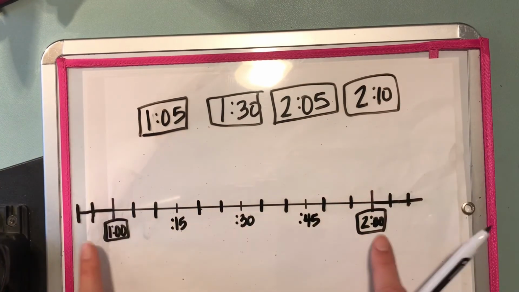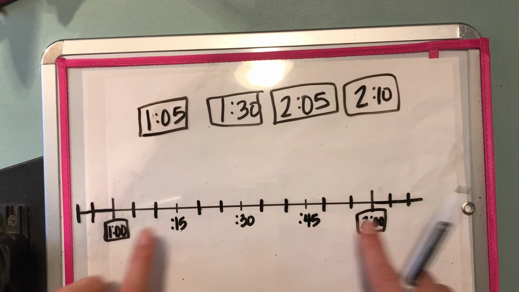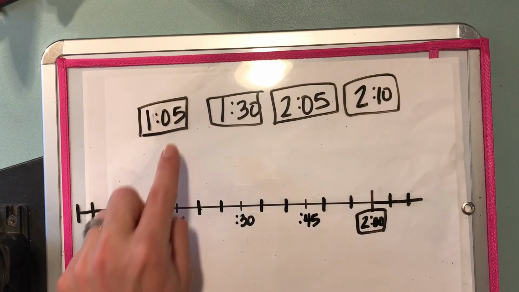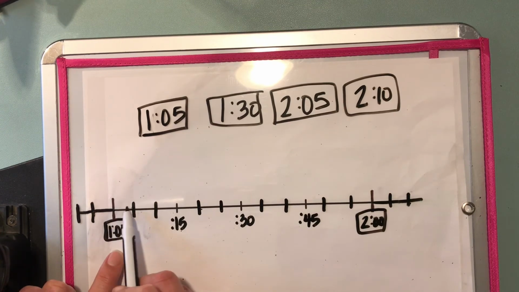It might be outside of the time, and you have to figure out where it goes if it's outside of that hour. The first one is 1:05. Where would 1:05 go on this number line? Here's 1 o'clock, and I know that 1:05 is the next one because this is increments of 5. 1:05 is right here.